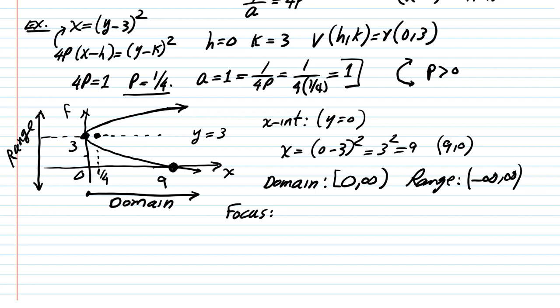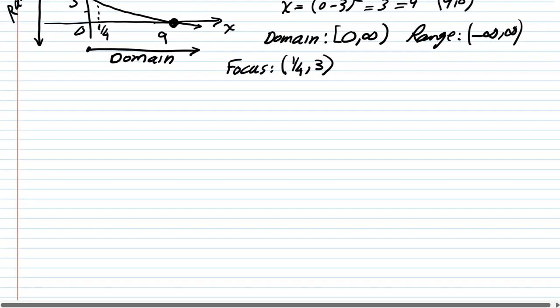So the coordinates of the focus, therefore, is going to be (1/4, 3), that's p, and it's at a height of 3. Those are the coordinates of this point. There you go, and there is your focus. All right, and I think that's all we wanted to do with this one. Cool. Let's take a look at another exercise.